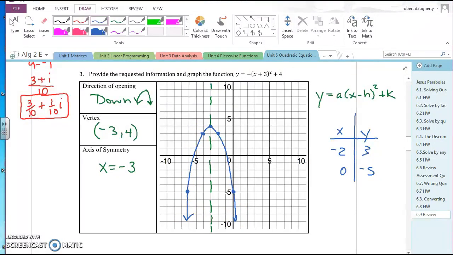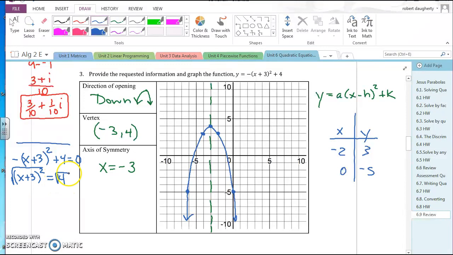Now, other things I could have asked you, I could have asked you for the x-intercepts on this, which means you would set this equal to 0 and solve that. So if I were to ask you for the x-intercepts, then that means negative, so x plus 3 squared plus 4 equals 0. That means that x plus 3 squared is equal to 4.